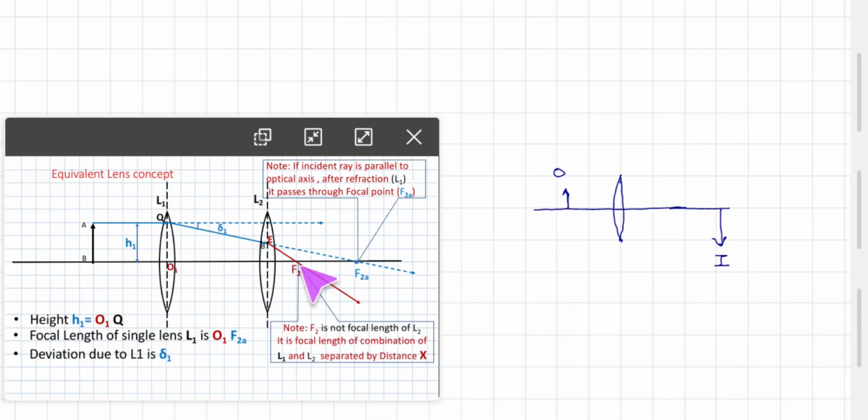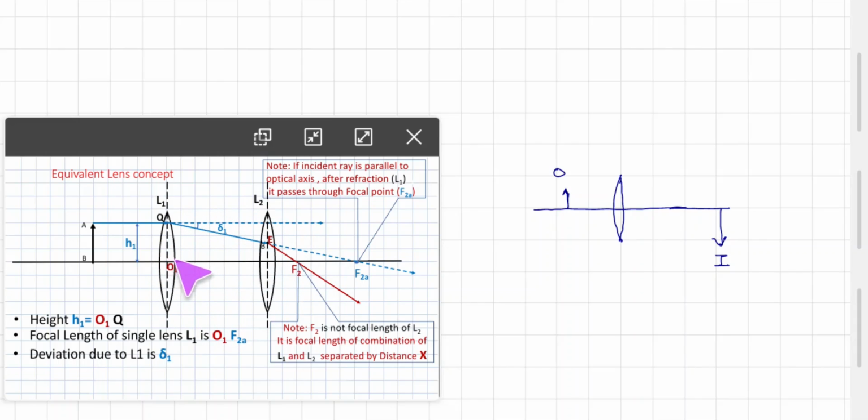So here the ray intersects the optical axis at point f2, and remember that though at this point we get f2, it is not actually a focal length of lens L2. But now we know that whenever a ray incident on a system is parallel to optical axis, the parallel ray cuts the optical axis at the focal point. Okay, so now from O1 to this point, it is a focal length of this equivalent lens system.